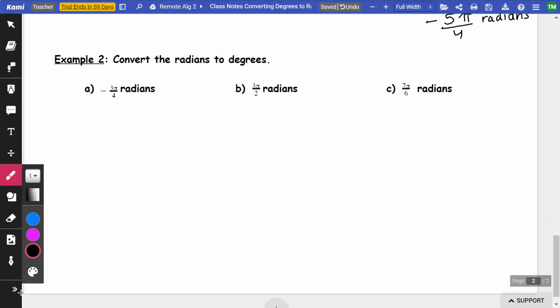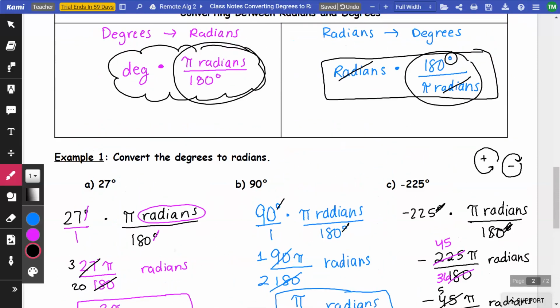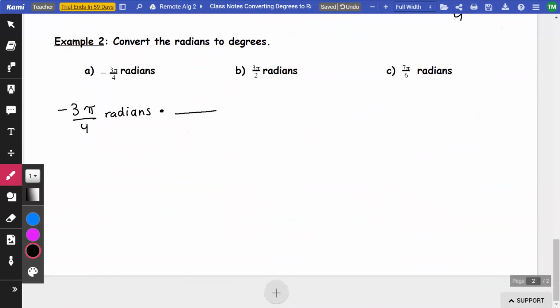So we're going to take our negative 3 pi over 4 radians, and we're going to multiply it by 180 degrees over pi radians. So some handy stuff happens here.